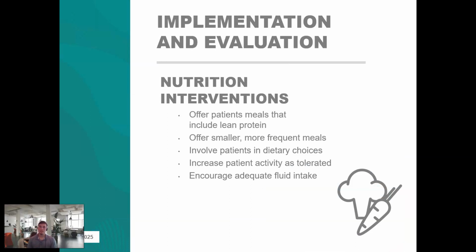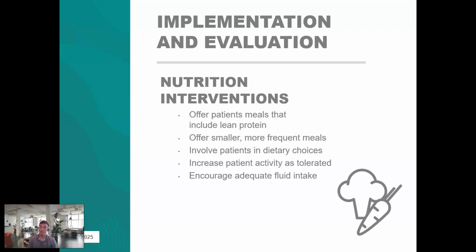Nutrition interventions. We often take this for granted, so we want to make sure that our patients understand. We want to offer them meals that include lean proteins. We want them to make up for some of those nutritional imbalances we talked about at the very beginning when we were introducing the nutrition impacts of immobility.